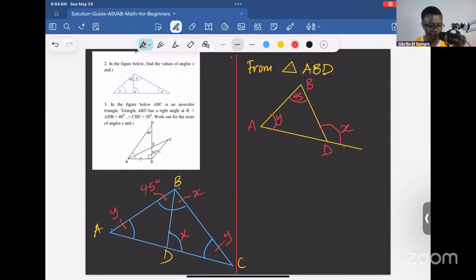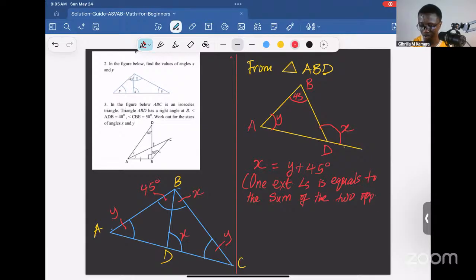Okay? So we can say X is equal to Y plus 45 degrees. Why? One exterior angle is equal to the sum of the two opposite interior angles.